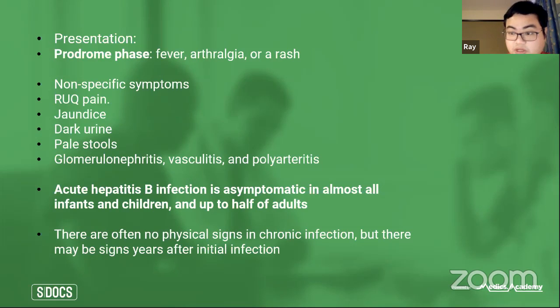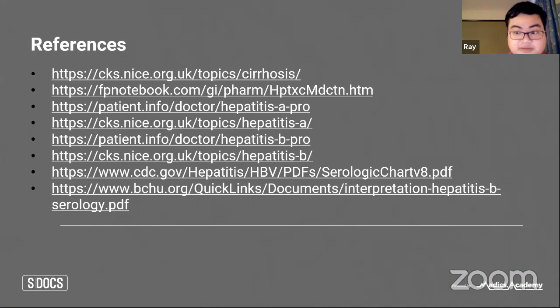So you need to be careful. Make sure you take a thorough history, and if you suspect hepatitis from the history, perform a serology or investigations. However, we will have to leave investigations and diagnoses and management for the next part, because this is coming to the end of this part of the webinar.